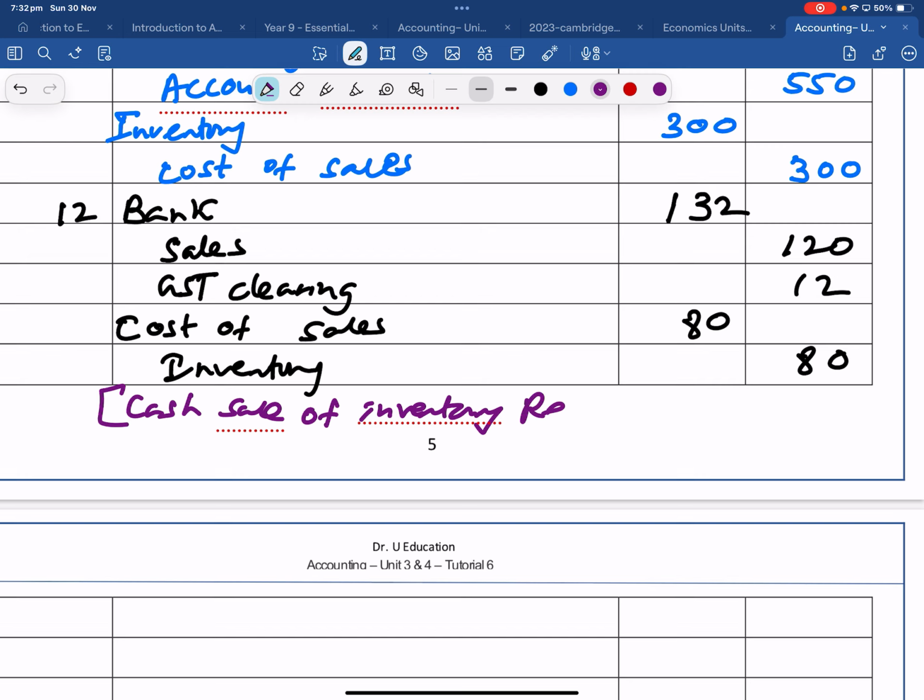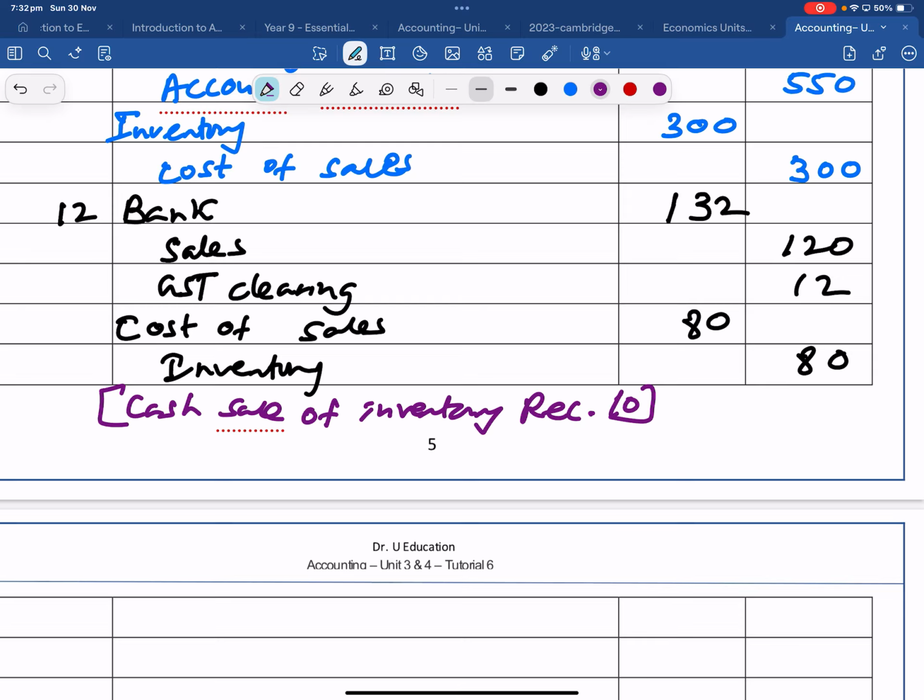Receipt number. I know some school teachers say you have to say cash sale of inventory 120 plus GST. I would add plus GST, but the rest we don't really need.